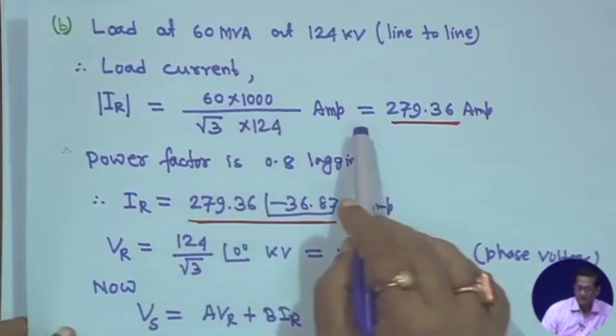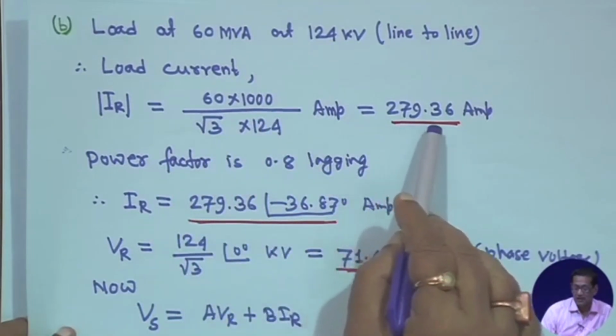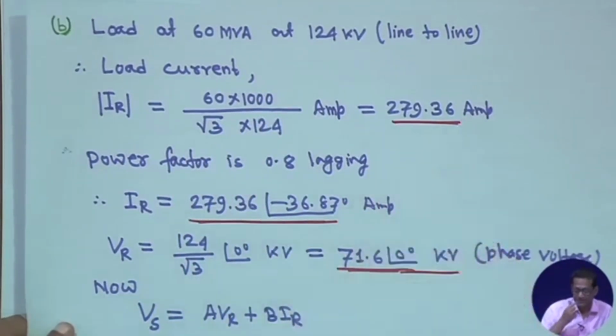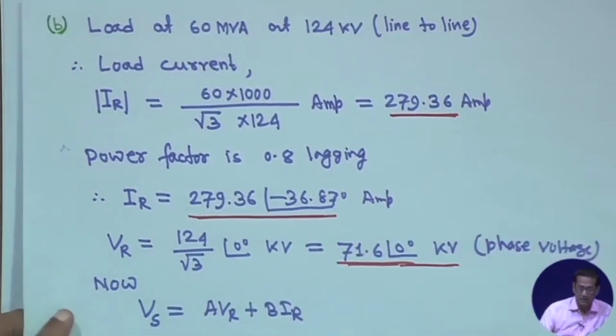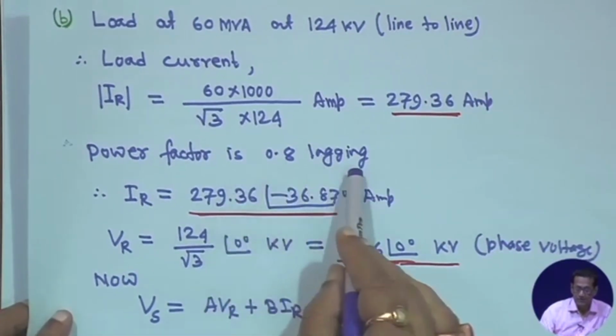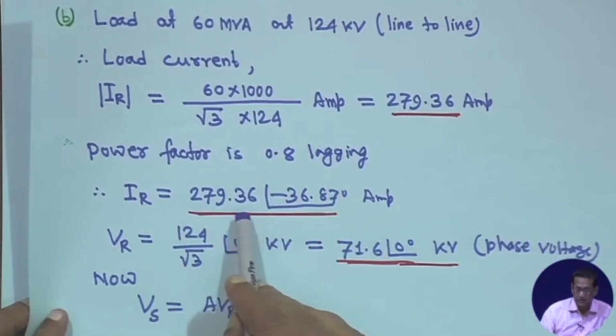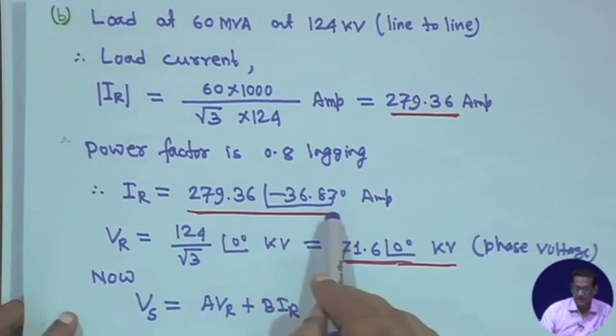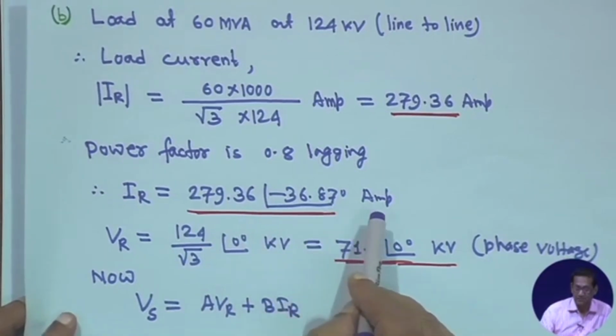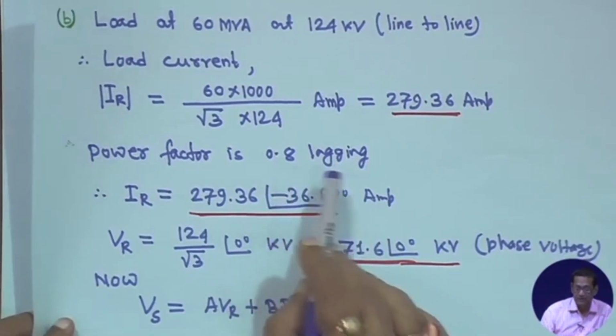The magnitude of the current is 279.36 ampere, and the power factor is 0.8 lagging. Therefore, IR is equal to 279.36 angle minus 36.87 degree ampere, because the power factor of 0.8 is lagging.